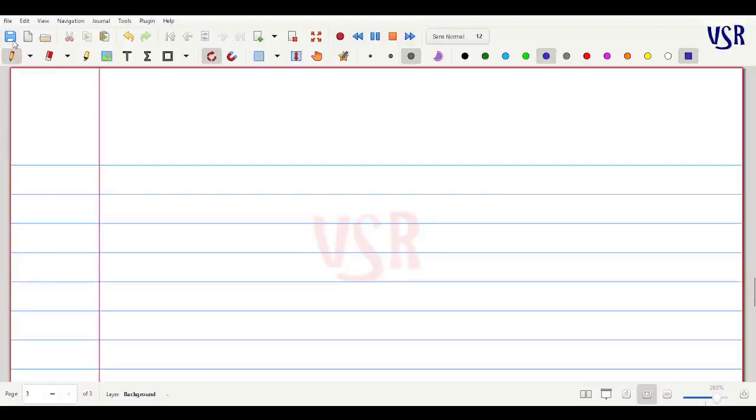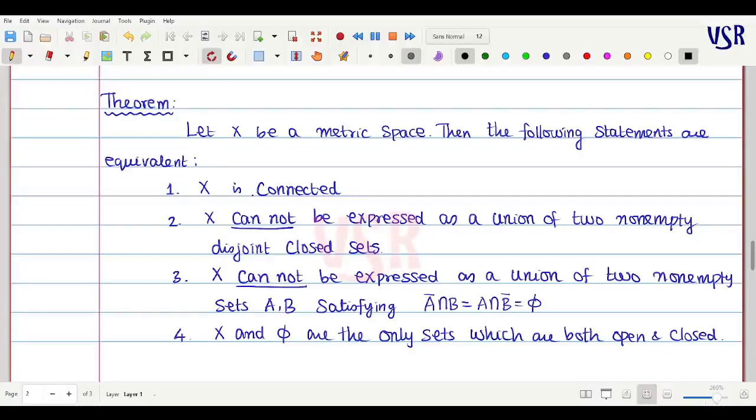So we'll go for a proof. First, I will prove 1 implies 2. That is, X is connected implies X cannot be expressed as the union of two non-empty disjoint closed sets.